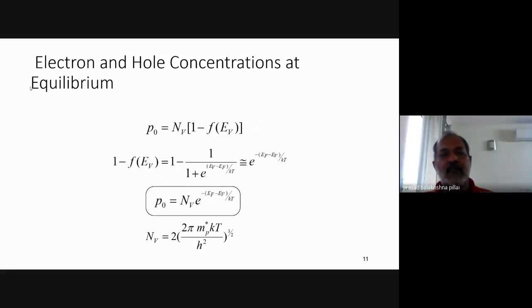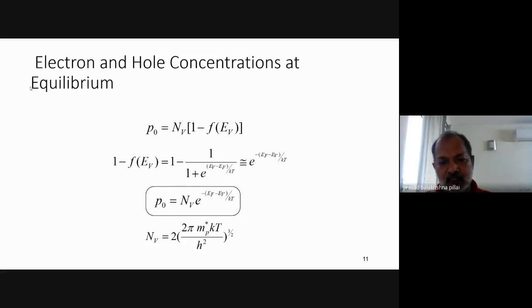Again, the hole concentration will be given by the density of states in the valence band multiplied by the Fermi function, of course 1 minus the Fermi function here. That is the probability of finding holes in the valence band. So again, we can do a bit of mathematical jugglery. P naught will be the hole concentration in the valence band, the density of states multiplied by the Fermi function.